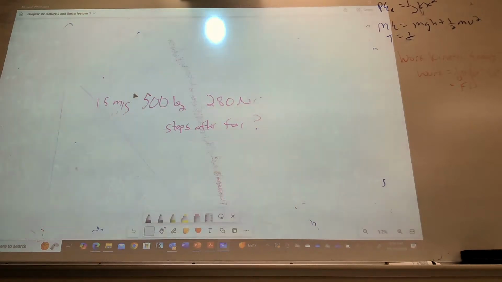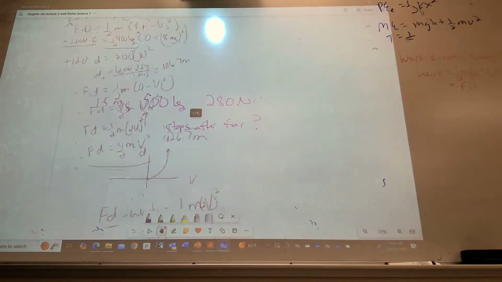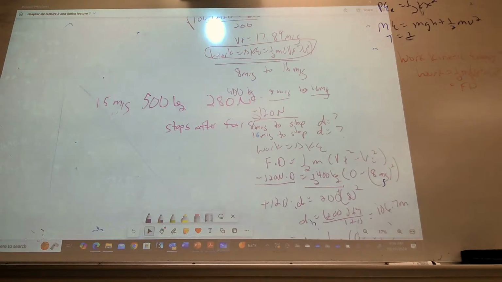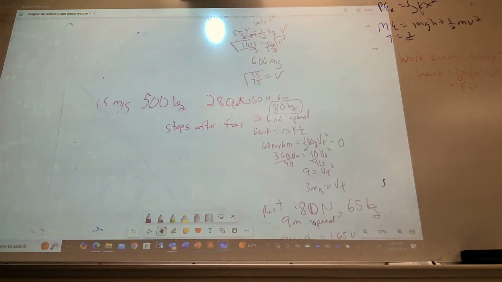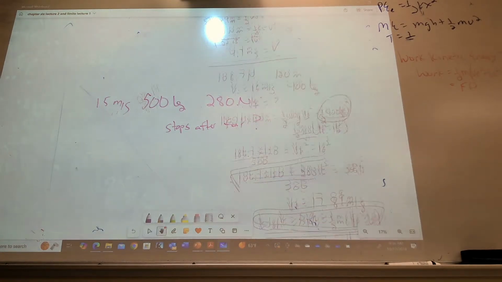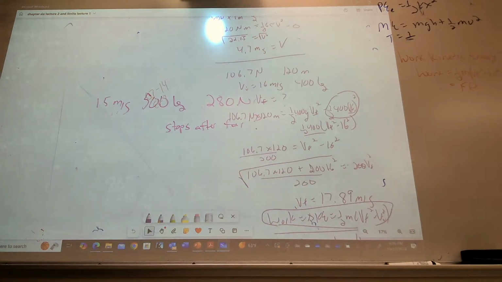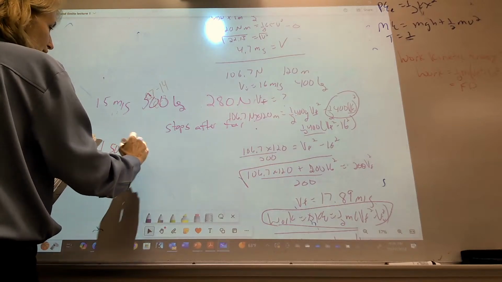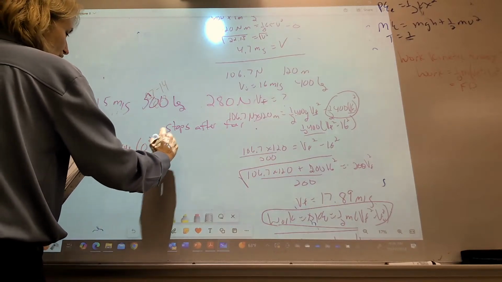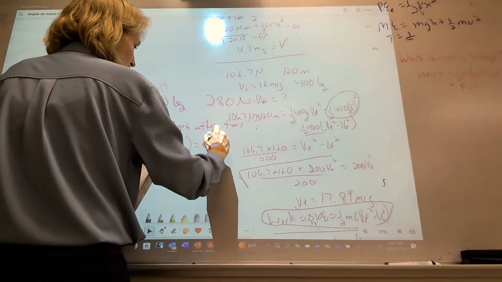You have everything you need to solve. So you have 1/2 the mass, which is 500 kilograms, V final squared, which is 0 squared, minus V initial squared is equal to your force, 280 newtons, times the distance.